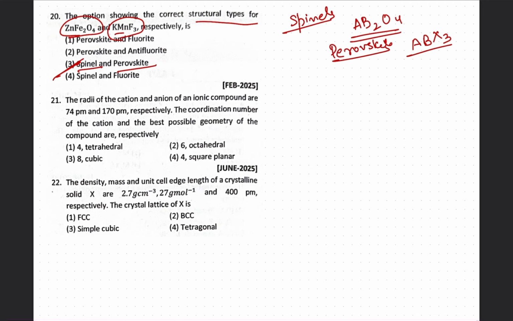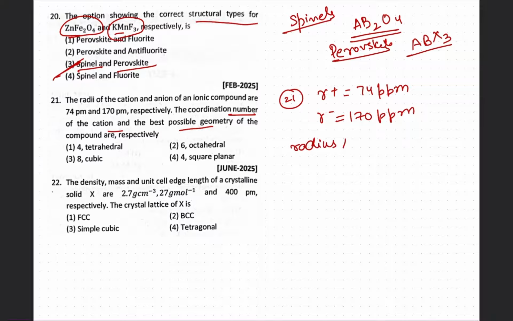Okay. Now 21, the radius of cation is given, radius of anion is given, right? 170 pm. The coordination number of cation and best possible geometry. You have to find the radius ratio in this. It is equal to radius of cation divided by anion, 74, this one.